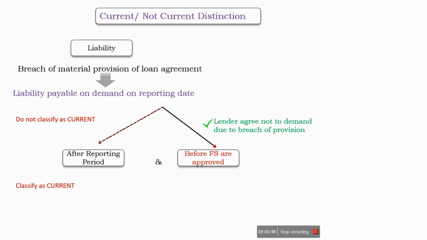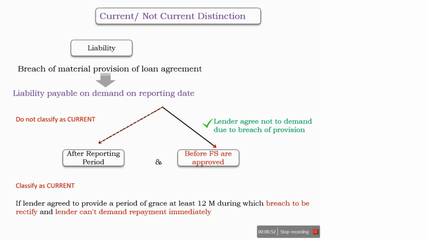In another case, we need to classify the liability as non-current if the lender agreed to provide a period of grace of at least 12 months during which the breach needs to be rectified, and the lender is not supposed to demand repayment immediately. So there is one interesting point in it.